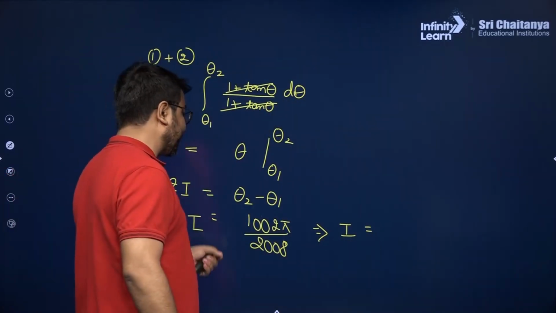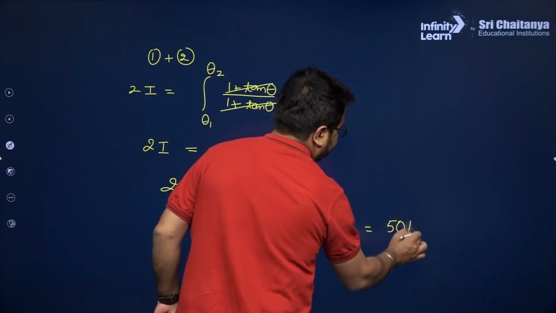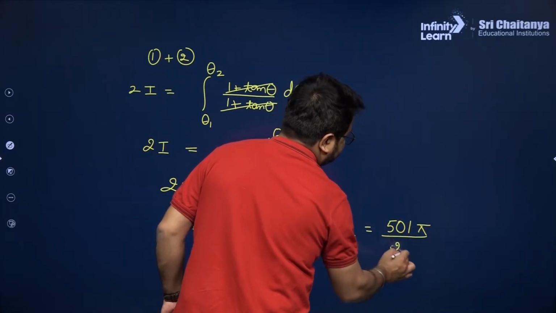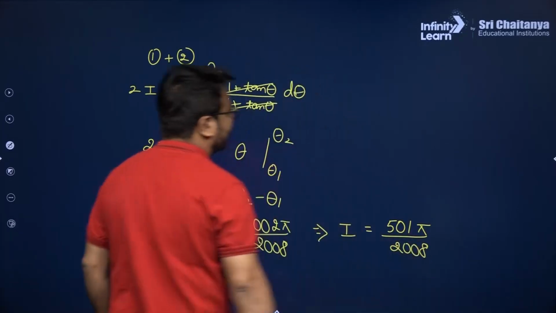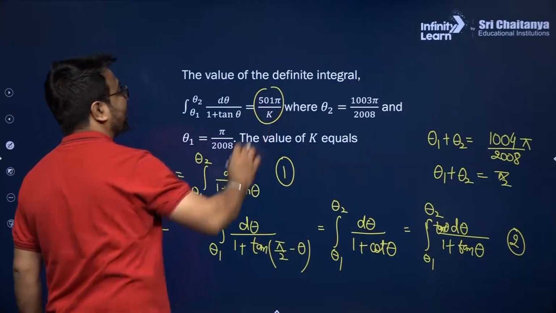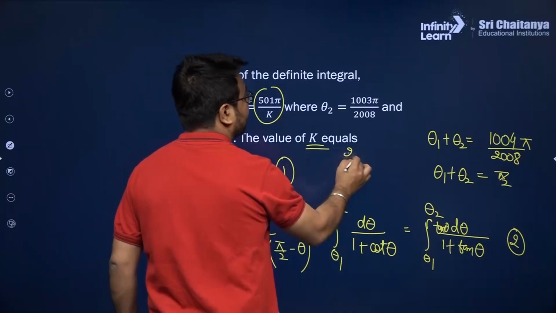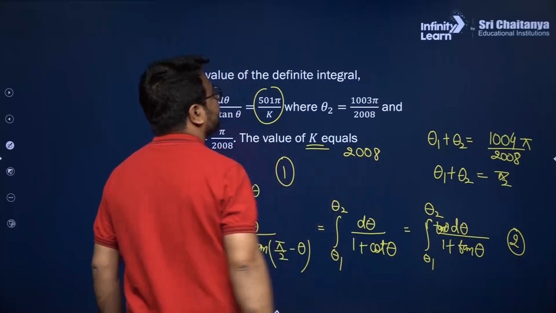So this will be converted to 501 pi upon 2008. Now let us compare to get the value of k. So they have given us 501 pi upon k, and they are asking us to get the value of k. So the value of k will be equal to 2008.